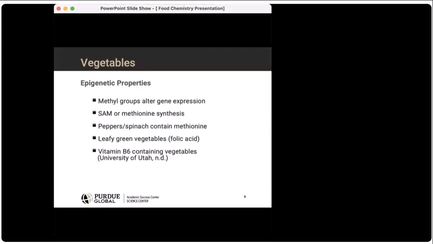Now, a couple examples of vegetables that may have an epigenetic effect include peppers and spinach, as they contain methionine, which is required for that SAM synthesis. Leafy green vegetables, which contain folic acid and are part of the methionine synthesis. And vitamin B6 vegetables, such as spinach, potatoes, winter squash, which are also part of the methionine synthesis.